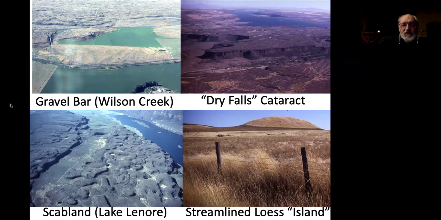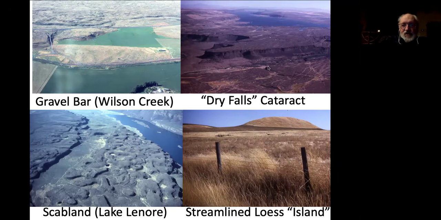So among the features that he described were eroded areas of the dark basalt bedrock shown down in the lower left, an area called by the local people Scabland, because it looked like big wounds that had been cut into the skin of the earth.